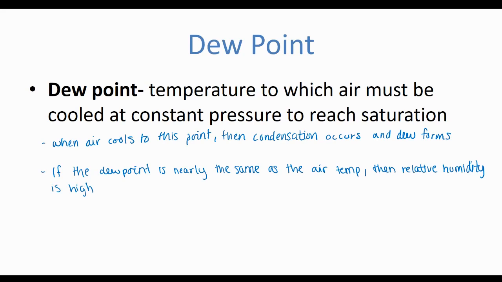So let's say that the dew point for the day is 65 degrees, and our temperature for the day is 65 degrees. Then we know that relative humidity is basically 100%.